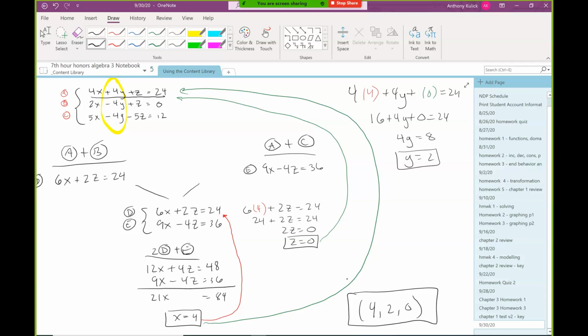Yep. No. Again, what variable you choose to eliminate first does not matter, right? If you choose to do the x's first or the z's first or whatever, that's fine, no big deal. Eventually we'll end up with the same answer regardless of what variable you choose to eliminate in what order.